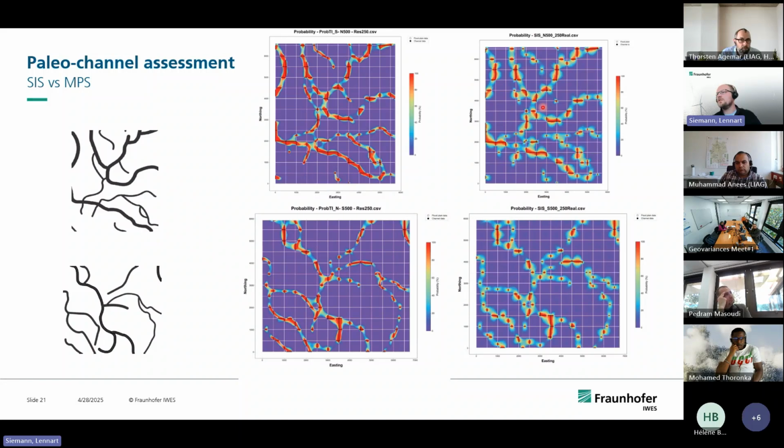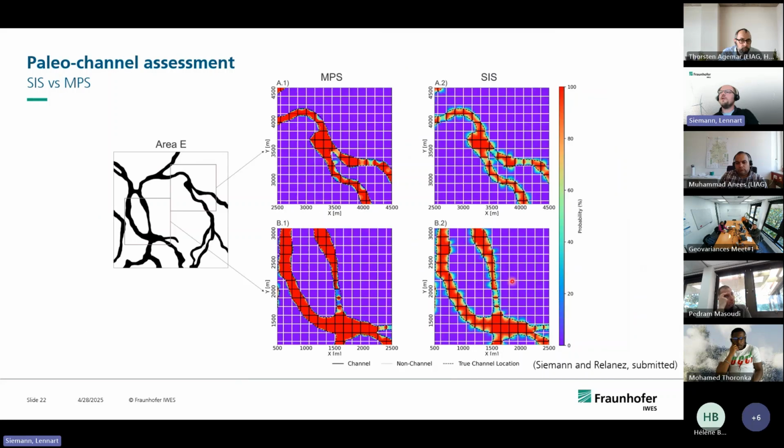This is also interesting because then SIS suddenly really doesn't perform anymore. You can see that here it becomes very disruptive. But for smaller line spacing, that's what is interesting. You can see it better here: again what I've called a halo, but you have a wider coverage of the probability that you might encounter a channel.